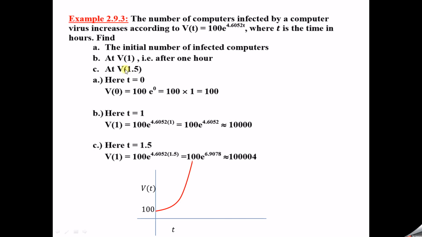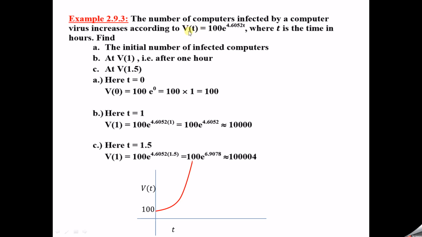Similarly, the next one, question C, at V(1.5), that means after 1.5 hours, what is the number of infected computers? We have to substitute t equal to 1.5 in this equation.